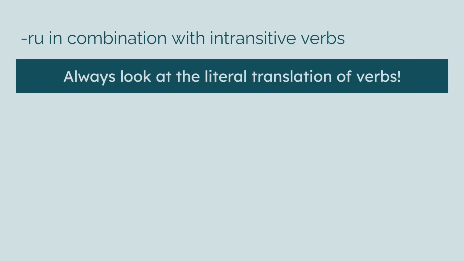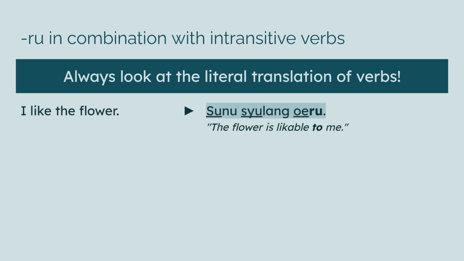Let's look at these sentences again and look at the literal translation of the verbs, and that will very likely help you understand. So, I like the flower, sunu siulang weru. What it literally means is the flower is likable to me. So sunu does not mean to like. It means to be likable, to be pleasing.